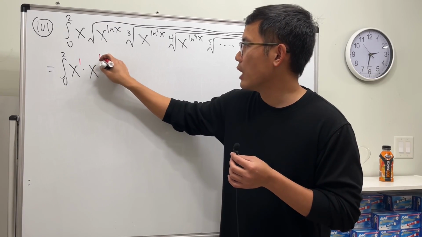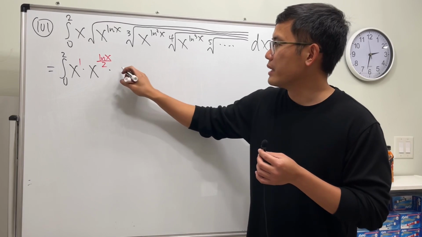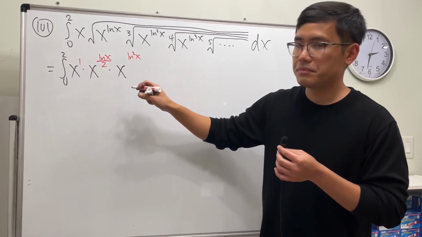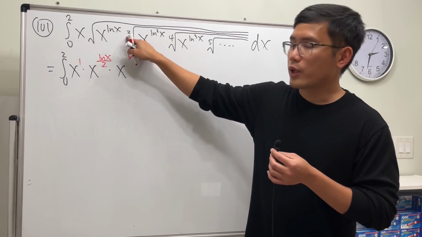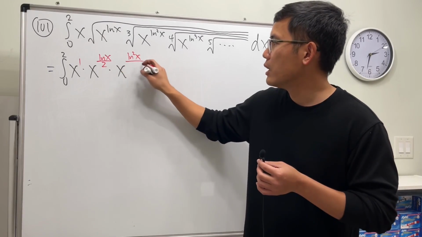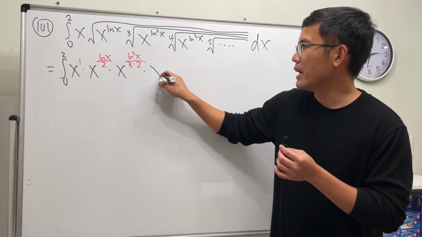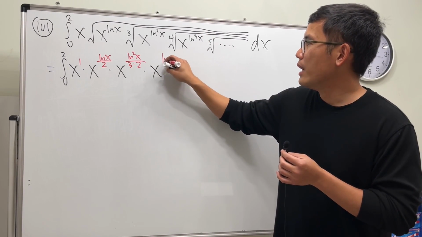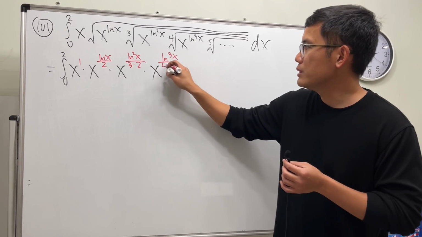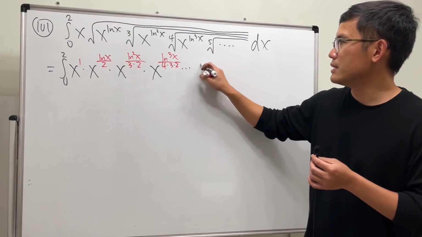The next one is x to the ln second power x over 3 for the cube root, but then over 2 for the square root, and you multiply, so it's over 3 times 2. You kind of see the pattern, it's not so bad, huh? Then multiply x to the ln third power x over 4 times 3 times 2 for the fourth root, and so on, and then dx.